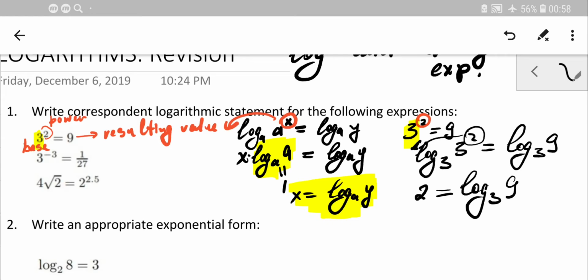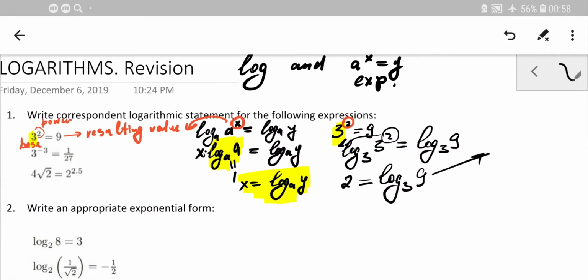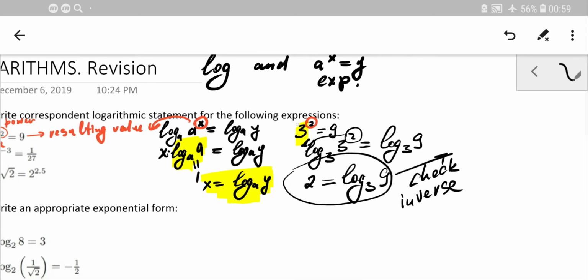I want to check it quickly. You need to be able to check yourself whether you've done it correctly. It means you need to check by doing the reciprocal or inverse procedure. From here, by definition, you need to be able to come back to your exponent form.